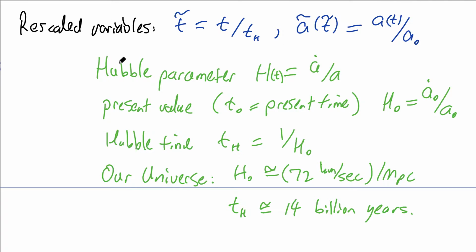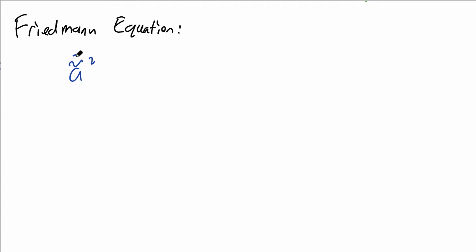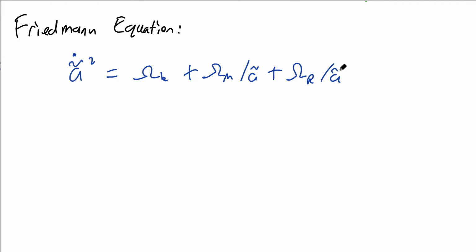Now, in terms of these rescaled variables, the Friedmann equation can be rewritten as follows. A tilde dot squared equals omega sub k plus omega sub m over a tilde plus omega sub r over a tilde squared plus omega d times a tilde squared.